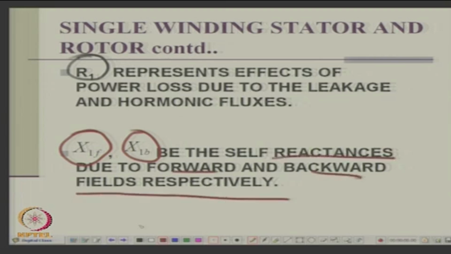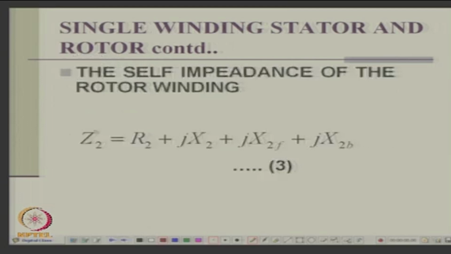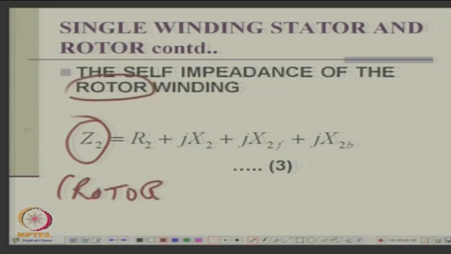Now, same thing you do for the second winding or rotor winding. For the rotor winding, it will have its own resistance R2, leakage reactance X2, and X2F and X2B.